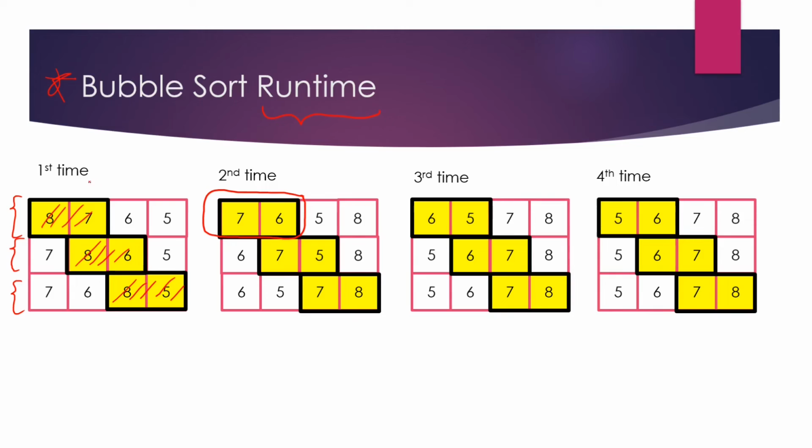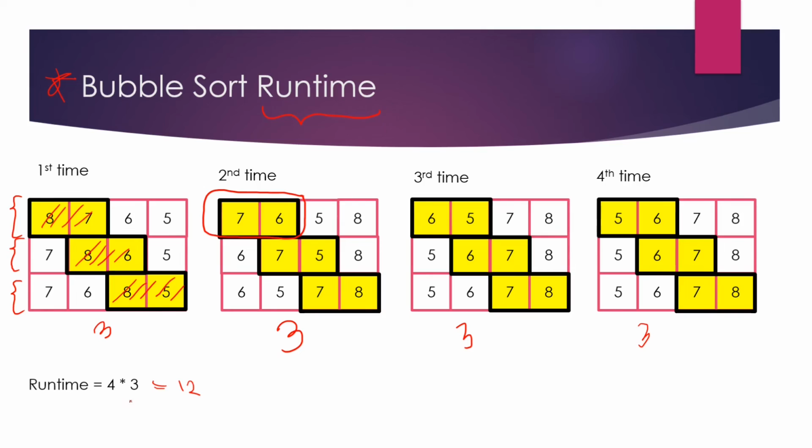So in this case, for the first time, there are 3 boxes with a black border, which means 3 pairs. Similarly, for the 2nd time, it's going to be 3 pairs as well, because there are 3 black border boxes. For the 3rd time, 3 as well. The 4th time, 3 black border boxes, so 3 again. So your runtime is going to be 4 times 3, which is 12.